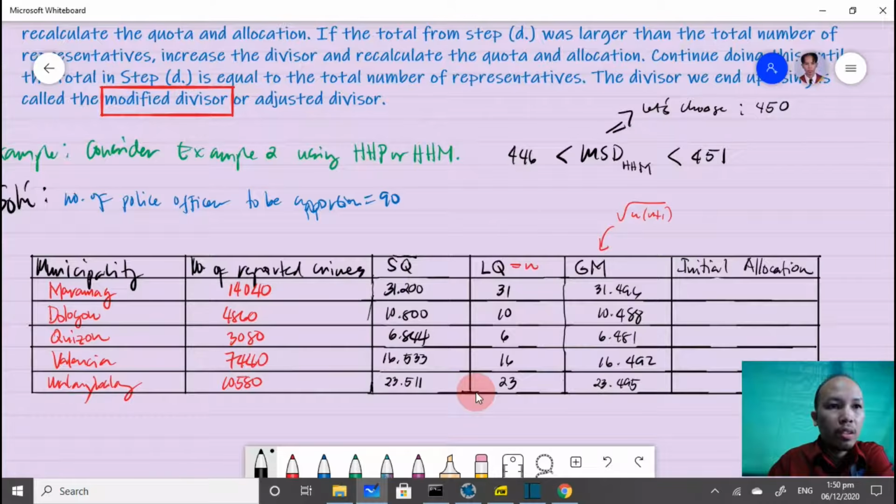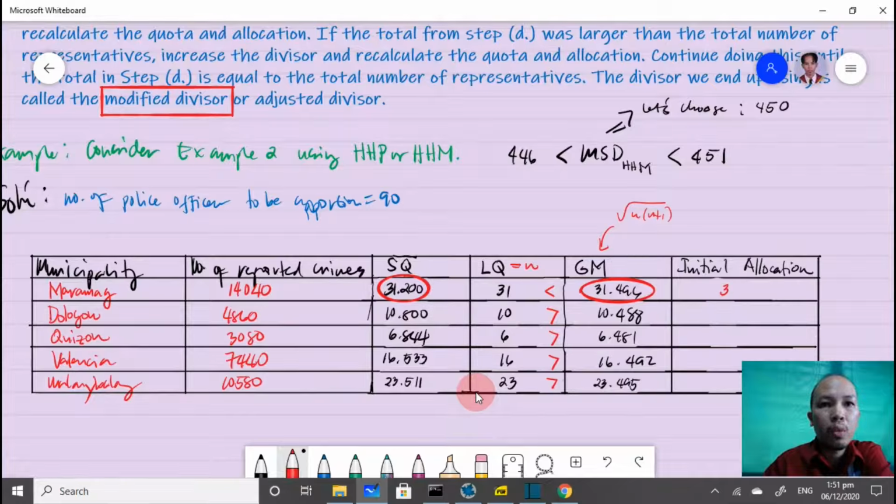Compare the standard quota and the GM. This one is less than the GM; comparing 10.8, we have greater, this is greater again, and this is greater again. Step D says if it is less than, then you round down.